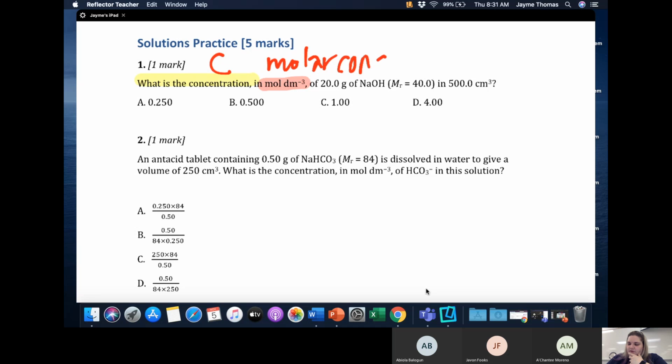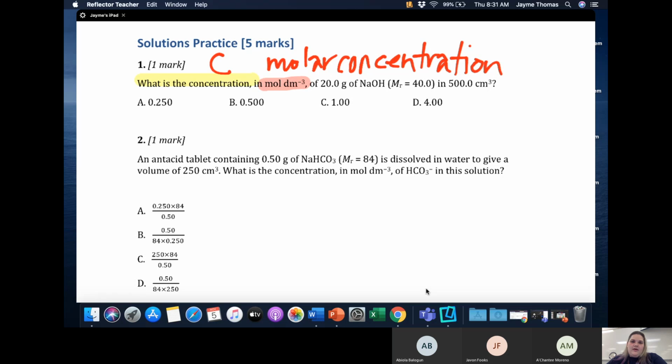I told you in the video from last time that 98, 99% of the time, molar concentration is the concentration we'll be using. The other ones, the mass per volume or the parts per million, you do need occasionally, but the vast majority of the time it's going to be this molar concentration in any of our practice questions.